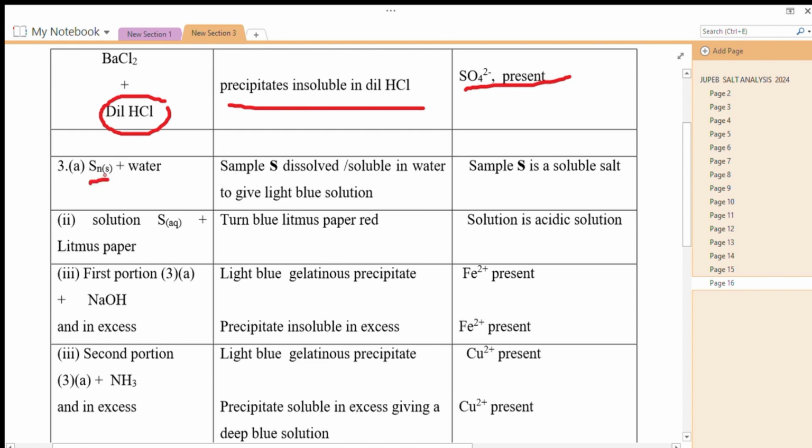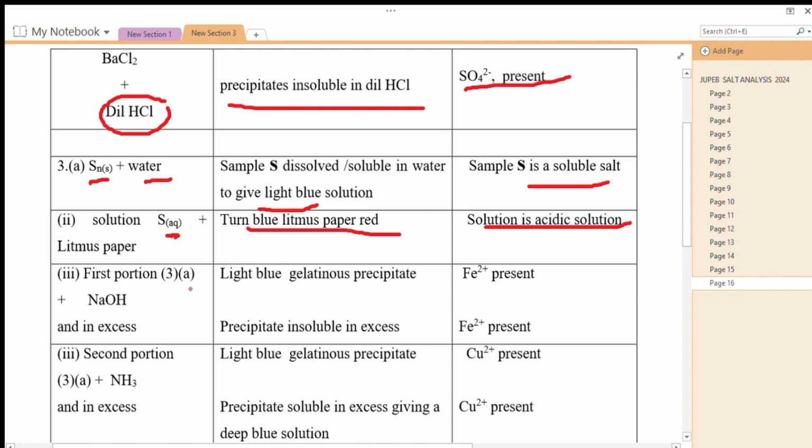Let's look at 3. Remember, our sample 3 is CuSO4. When you add it in water, it's going to dissolve. Yes, CuSO4 is dissolvable, and it's going to give you a light blue solution, and it is a soluble salt. With the litmus paper, testing it, blue turns red, and it is an acidic solution.